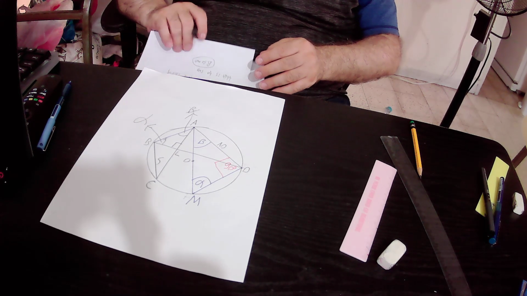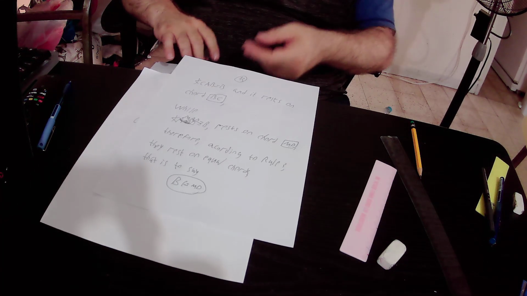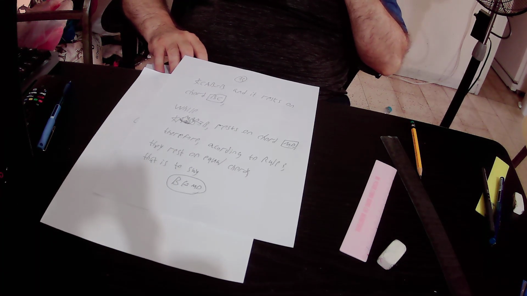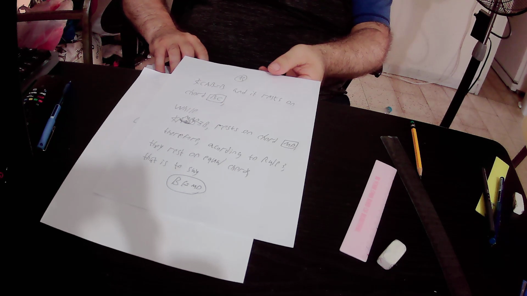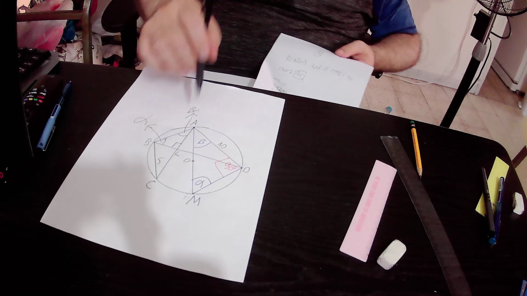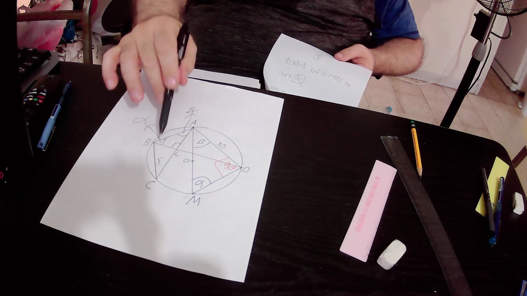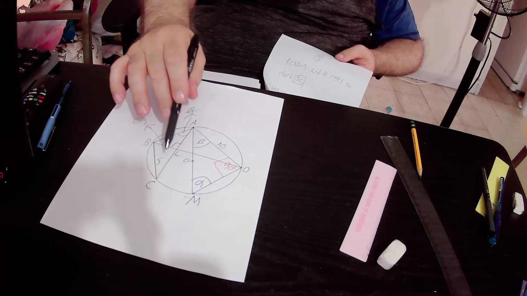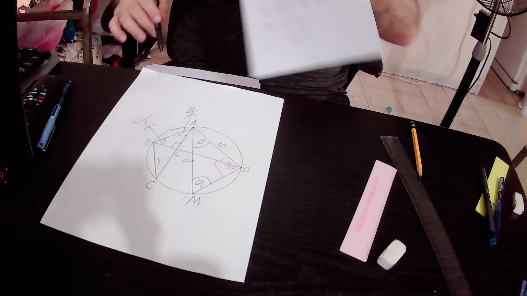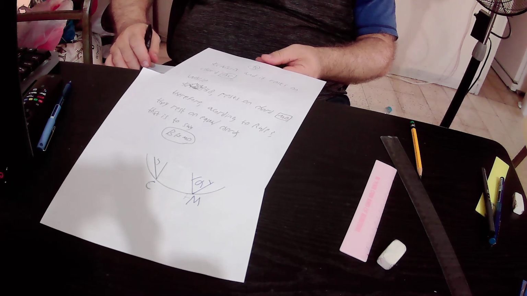So I'll read again what I wrote. Angle CAB that equals beta rests on chord BC, or CB, it doesn't matter.